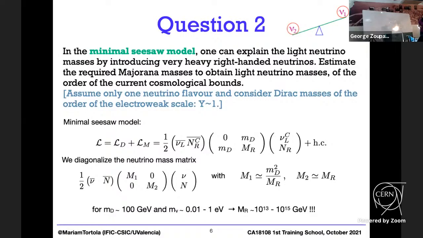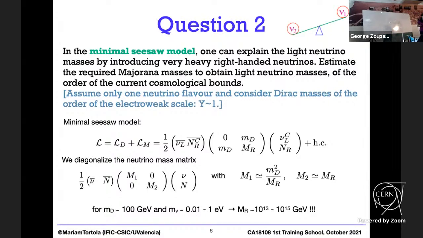So the thing is that if you consider for M Dirac the order of the electroweak scale, around 100 GeV, you can put 200, but 100 is okay, since I'm interested mostly in the order of magnitude. For the neutrino mass, I was quite generous, but in principle you can take from 0.1 to 1 electron volt.